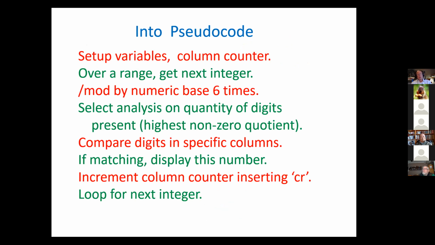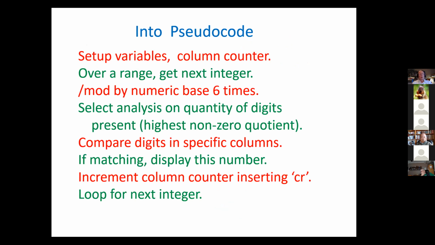Now remember, as you approach one of these, start with your problem statement, find the key components, write the pseudocode. So we set up the variables and a column counter for formatting. Then over our range of numbers, we'll get each integer in turn. At this point, we use /mod 6 times to divide our input number by the numeric base.